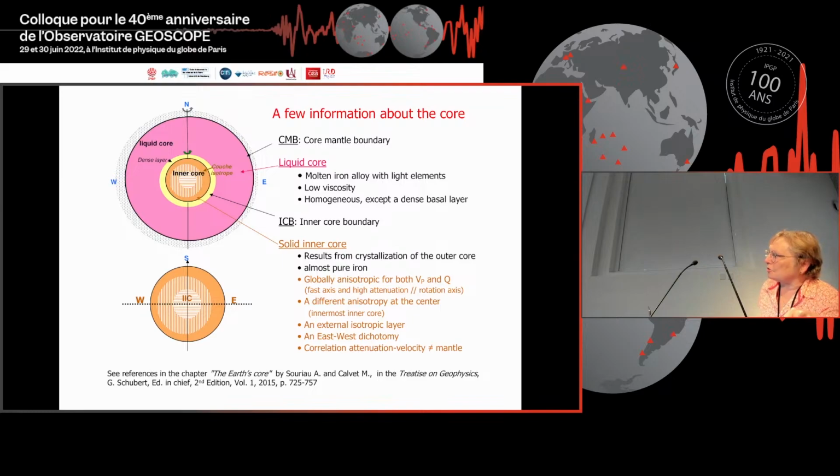Also, the anisotropy is very low in the external part of the core, so often this layer is considered isotropic. And finally, almost finally, there is a dichotomy between the western and eastern hemispheres. These two hemispheres do not have the same structure. Concerning attenuation and velocity, the variations are of opposite sign compared to the mantle.